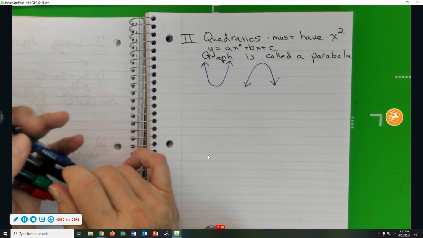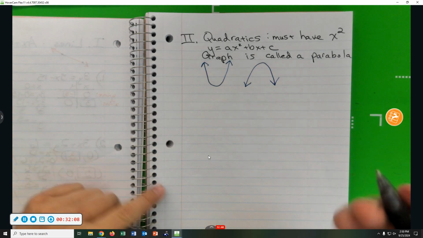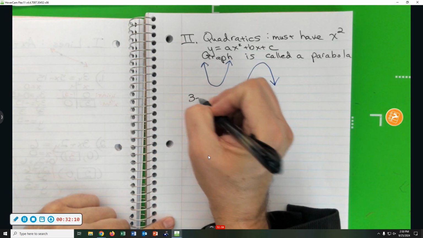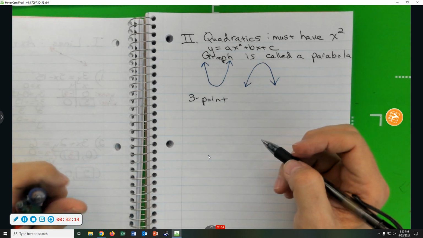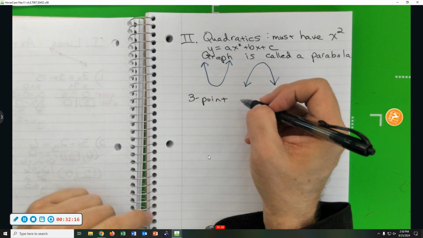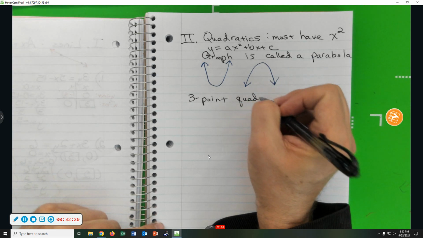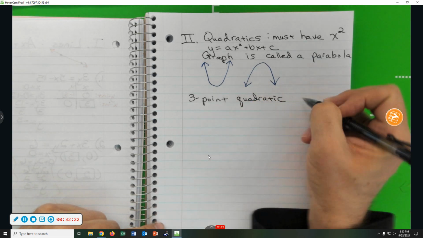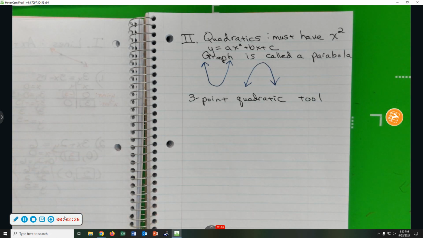But for today, we're going to have a 3-point quadratic tool. We're going to have to find 3 ordered pairs that are solutions and then use the 3-point quadratic tool to draw the graph. Let's look at number 3.